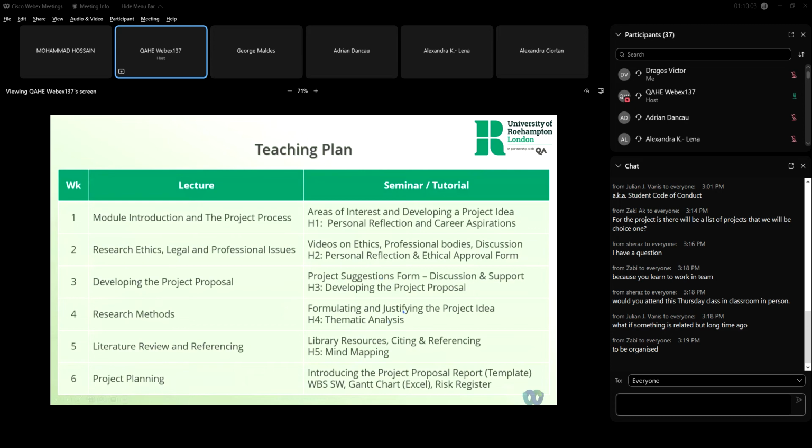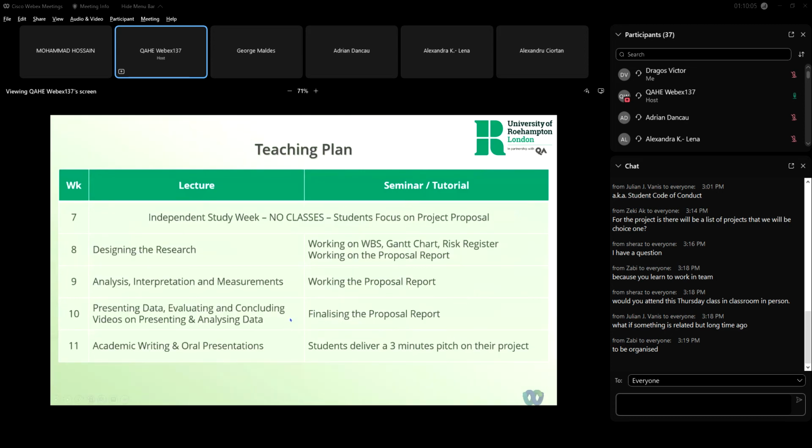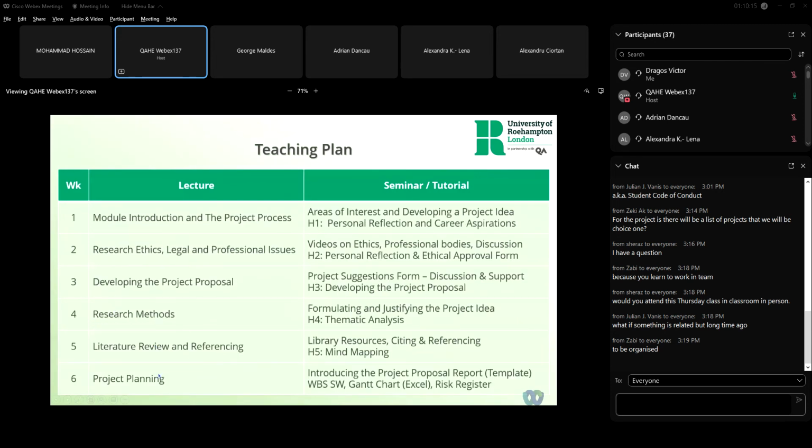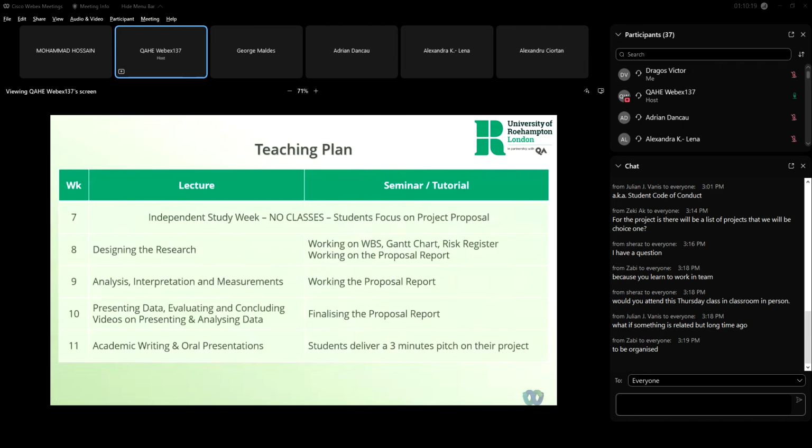And you can see there are various relevant things to happen. From week 8 onwards, the main focus is the dissertation. So weeks 3 up to 6 are focusing on the proposal, and then 8 to 11, including the 3 to 6, are focusing on the dissertation, right?